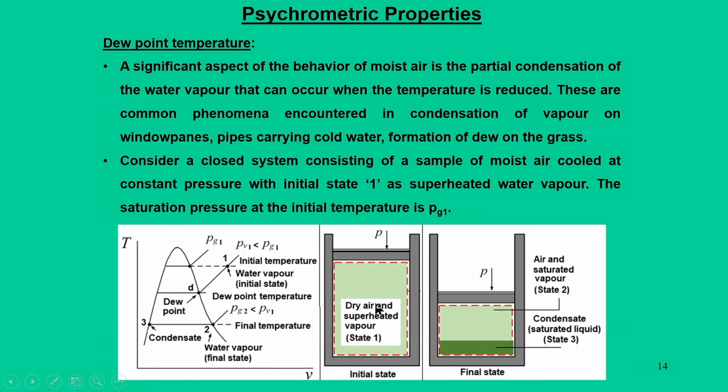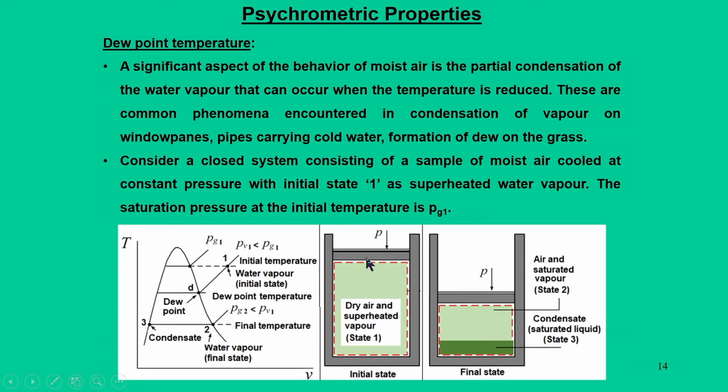That means, thermodynamically, we can fix it in a temperature-volume diagram at state 1. As if this is your thermodynamic diagram in which state 1 is defined, and state 1 is nothing but a volume containing a mixture of dry air and superheated vapor.